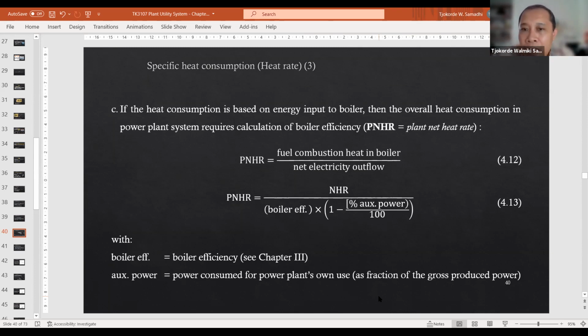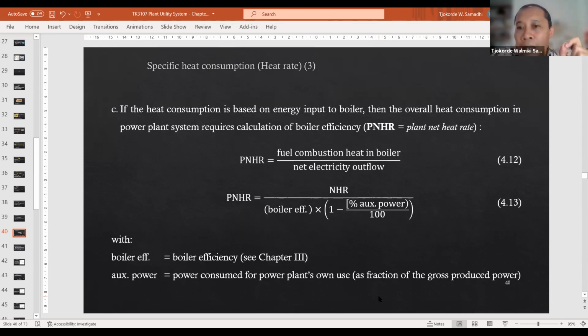A power plant in a more restricted sense is PLTU Paiton, because PLTU Paiton is designed to produce electric power above all else. PLN didn't build PLTU Paiton to drive compressors, for example. It is solely used to generate electricity. That's its main business, to generate electric power to be sold into PLN's electrical grid.